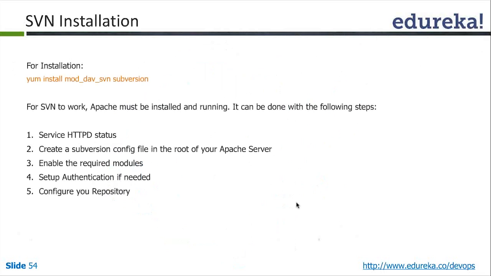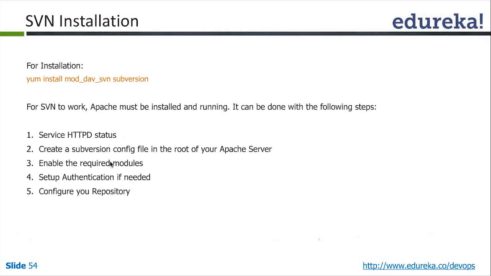So how do we install SVN? For SVN to work, Apache must be installed and running. As I said, these days everything goes through the normal Apache HTTP way of doing things. So we create a config file in the root, enable the required module, set up the authentication, and configure your repository. We can do either SVN or Git based on what you would like to choose.